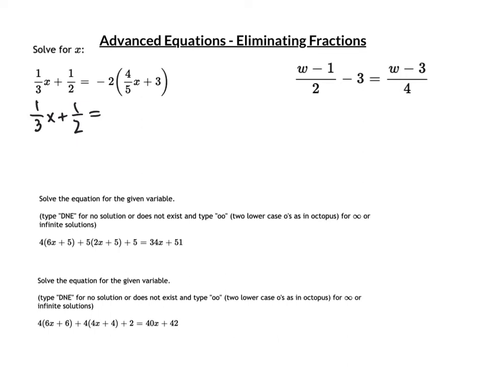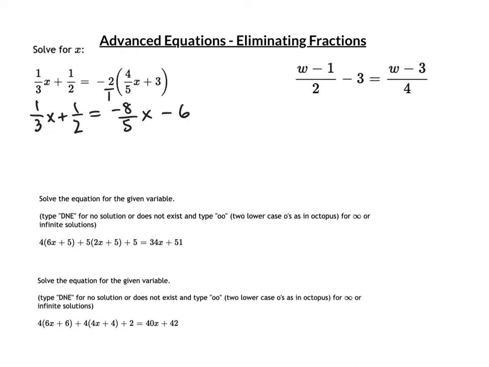In fact, you can't do it reliably unless you simplify everything first. So I'm going to distribute that negative 2. Remember that negative 2 is negative 2 over 1. So I'm only taking negative 2 times the top of the fraction. That would be negative 8/5 x. And then negative 2 times 3 would be negative 6.